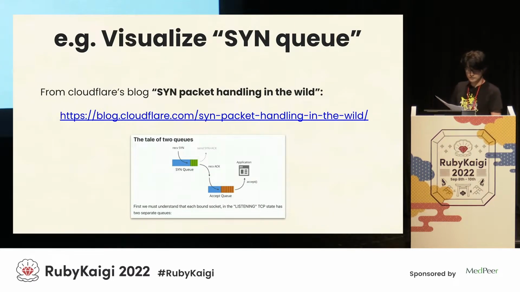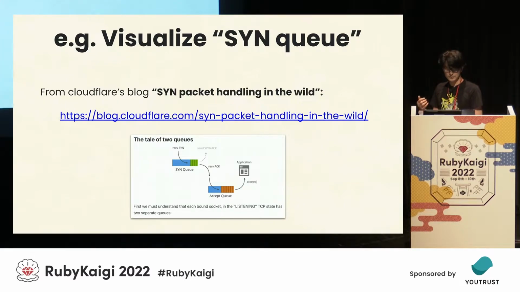Have you read Cloudflare's blog post about how Linux handles packets? In it, they talk about how connections accumulate in a queue in the kernel every time the server accepts a connection.